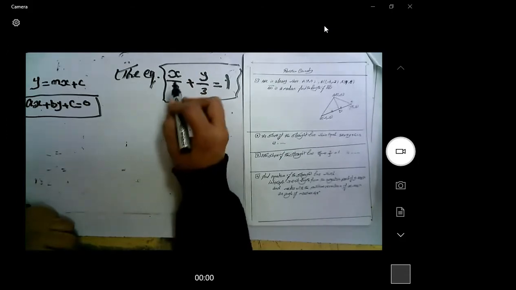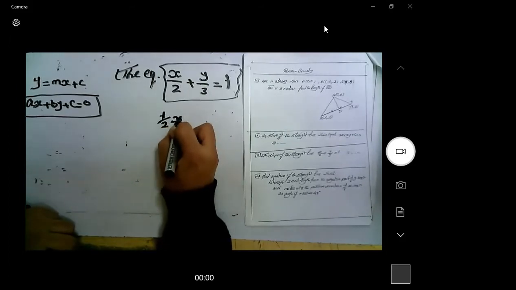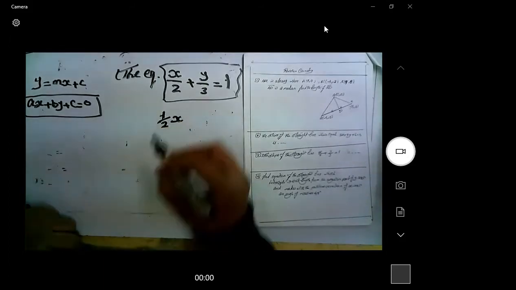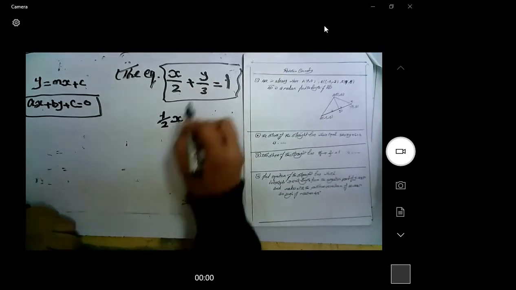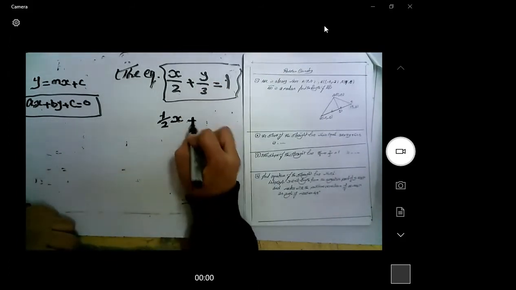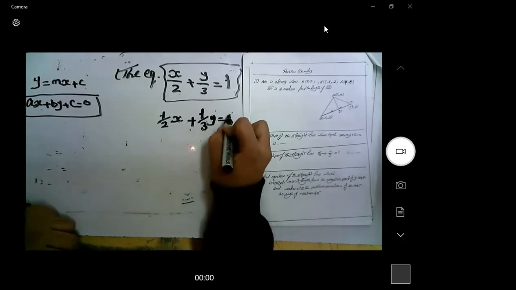Why? x over 2 means half x. y over 3 means third y, equals 1.